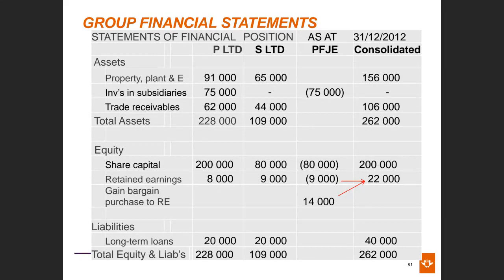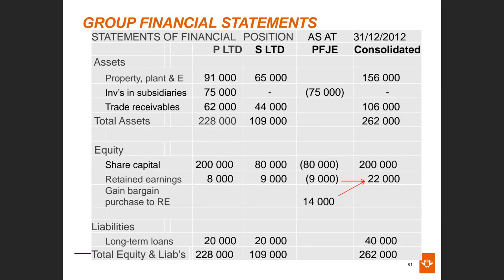Remember, our pro forma journal entry will eliminate our investment in S. So we go 75 plus 0 minus 75 equals 0. Then we have trade receivables of 62,000 plus 44,000 in S. So we'll go 62 plus 44. That'll give us 106,000.